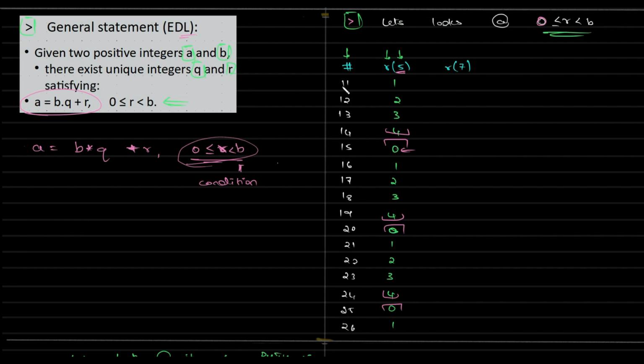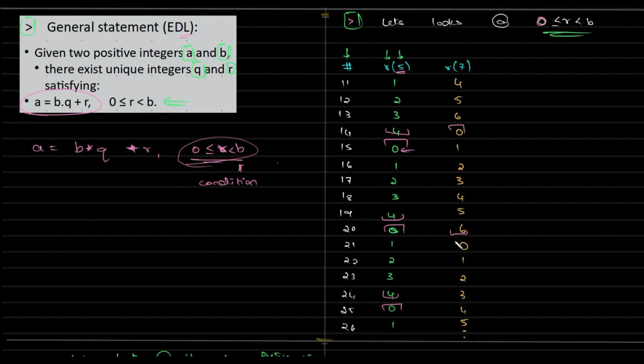Next one. When we are dividing with 7, 11 divided by 7 gives remainder 4. 12 gives 5, 13 gives 6, and then 14 gives 0, 15 gives 1, and so on up to 21, right? 21 divided by 7, remainder is 0. Then 22, 23, 24, 25, 26, so on and so forth. So here the pattern is what?